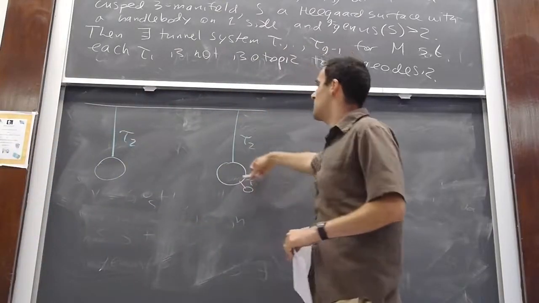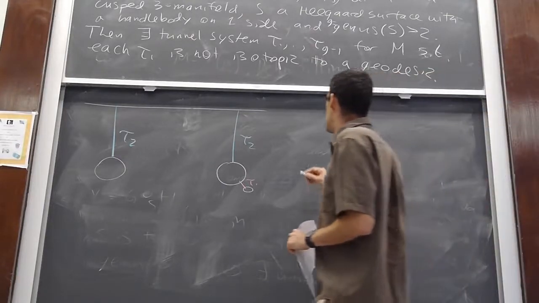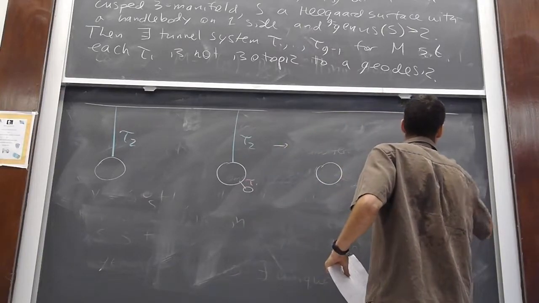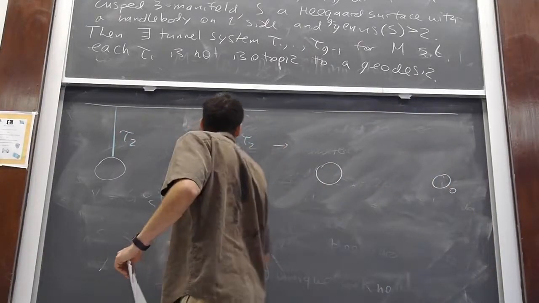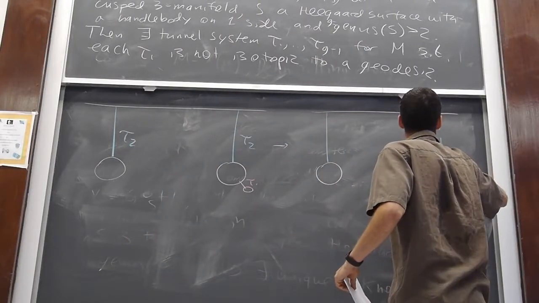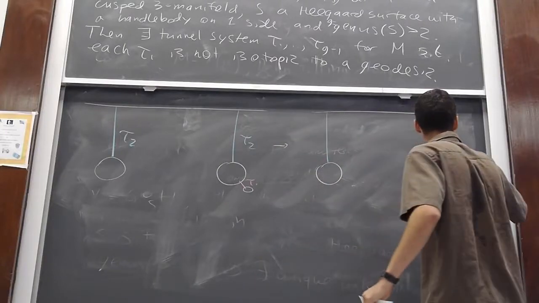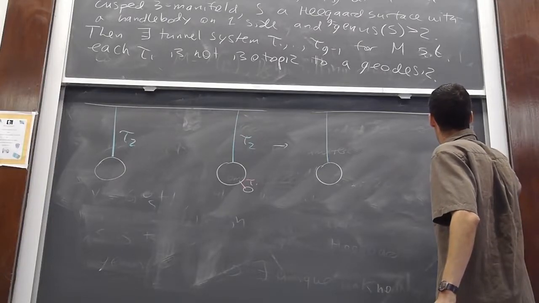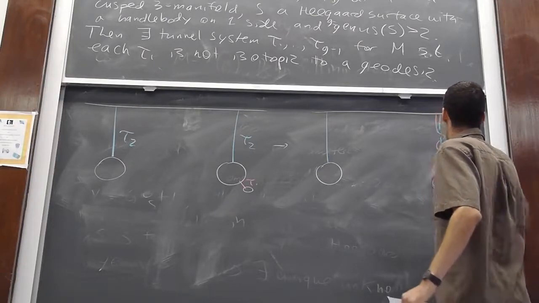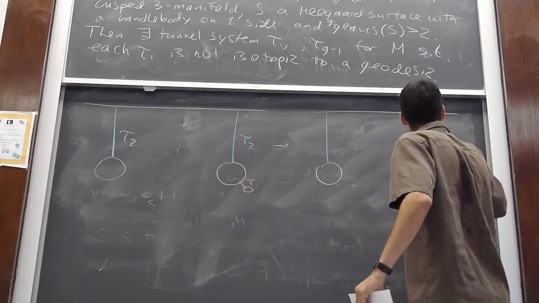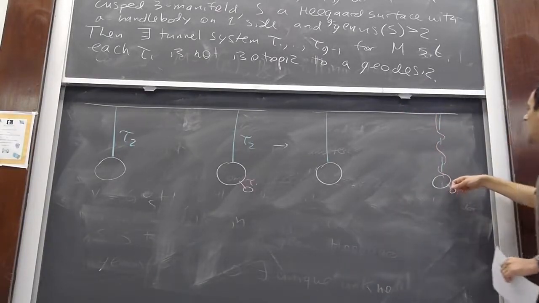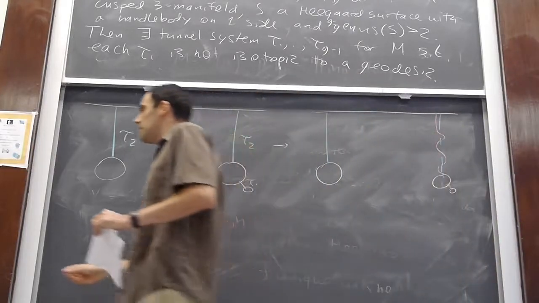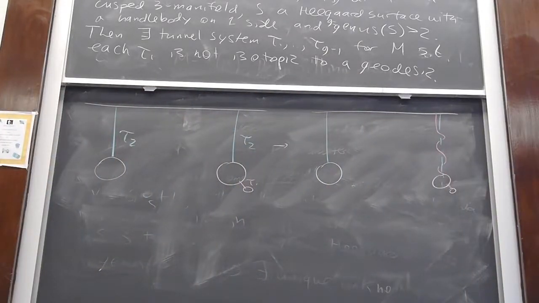And I'm going to take this and drag it around until it gets messed up enough that it can't be isotopic to the geodesic. So I'm going to take this tunnel here and drag it along here. I've taken it and I've dragged it over the other tunnel. So far, I haven't messed it up enough yet, but there's another lift over here that does that.